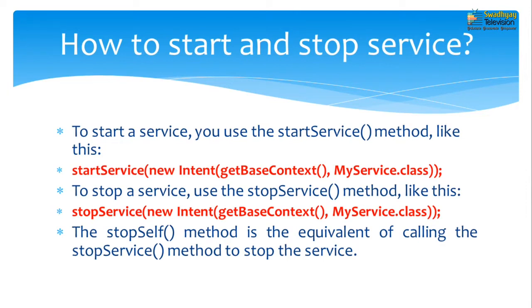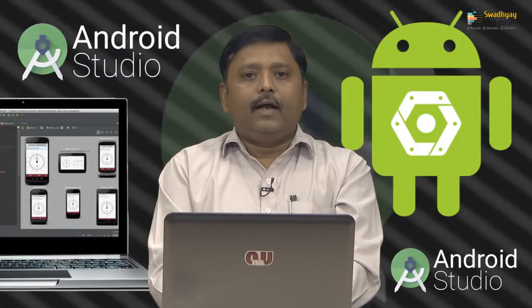Similarly, we have another function, stopService, to stop the service explicitly. Again it takes an intent which represents your service. There is another function available for stopping a service, which is stopSelf, that you can call inside the service itself and is the equivalent of calling the stopService method to stop the service. So, this is how we can start and stop a service.